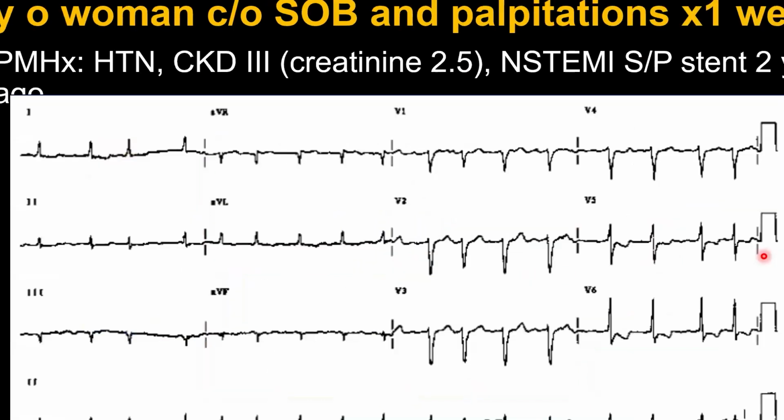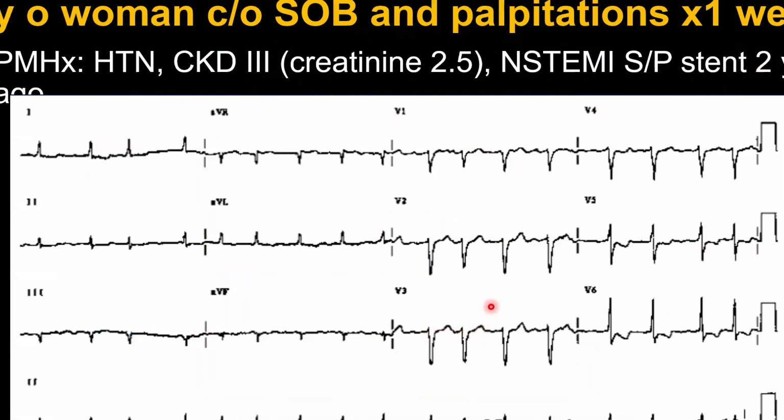Now, next case is a 68-year-old woman who complained of shortness of breath and palpitations for a week. She has a history of hypertension, chronic kidney disease, and arteriosclerotic coronary artery disease with a previous non-ST elevation MI and a stent. And here's her rhythm.